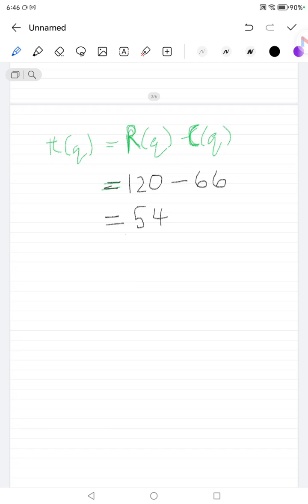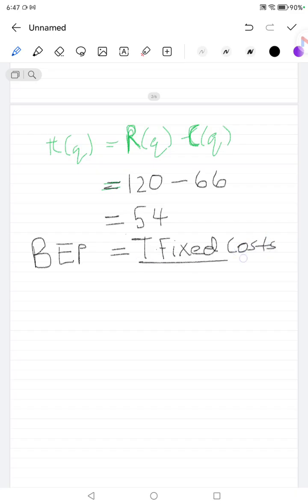Now, since you have your profit, you have to go and check your break-even point. You will consider your total fixed cost over your profit per shirt.